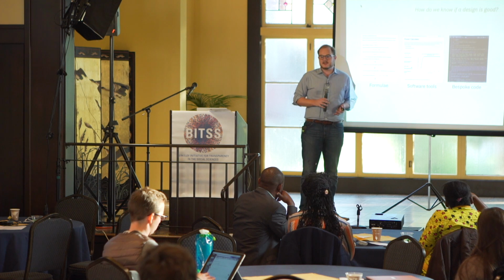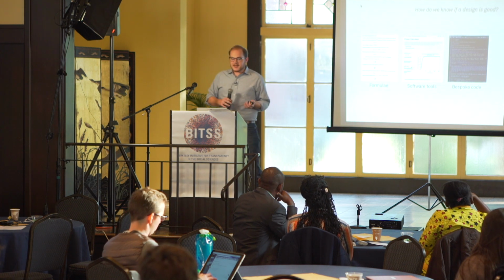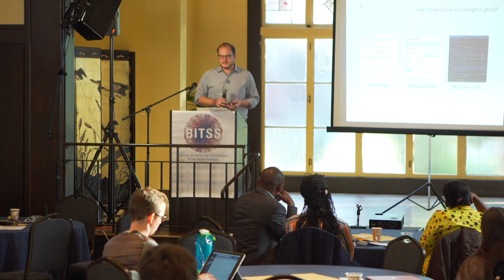So maybe it asks us for the sample size that we have in mind, our implied effect size, and a couple of other things. And then if we don't use one of those, if we think that one of these tools doesn't account for the kind of design that we have in mind, more advanced coders might write up their design in computer code and simulate their design using its full features.